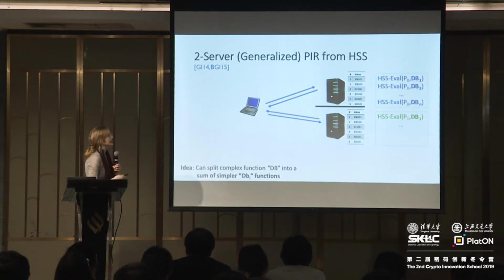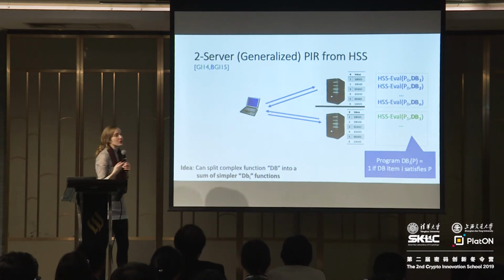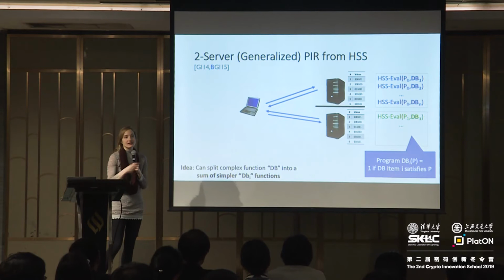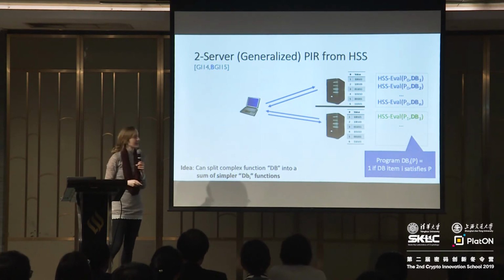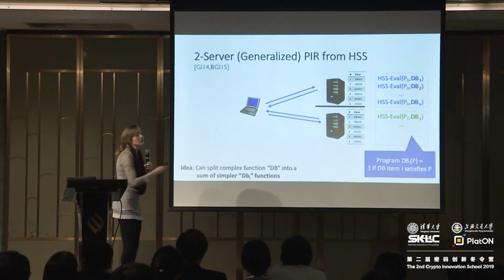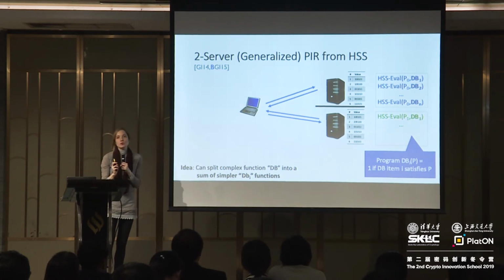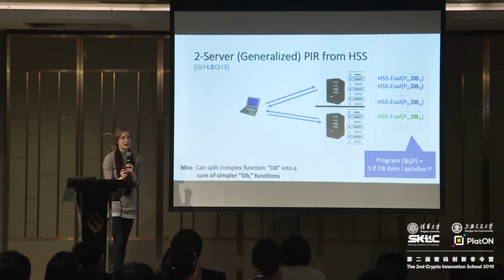Okay? So for example, let's go back over here. Suppose that what we wanted to know was how many of the database items satisfy this predicate. We can define now for each database item on its own a simpler function which just outputs 0 or 1. Does this database item satisfy the predicate or not?